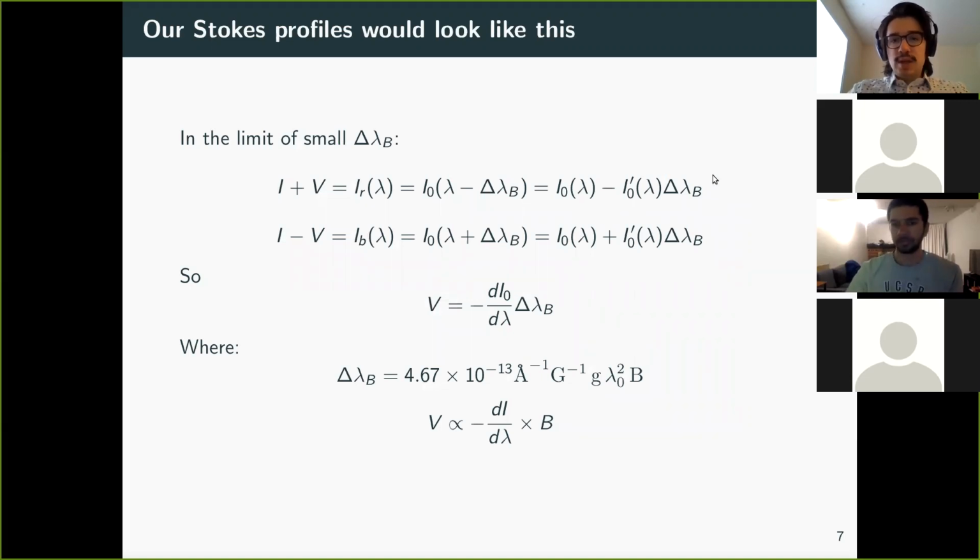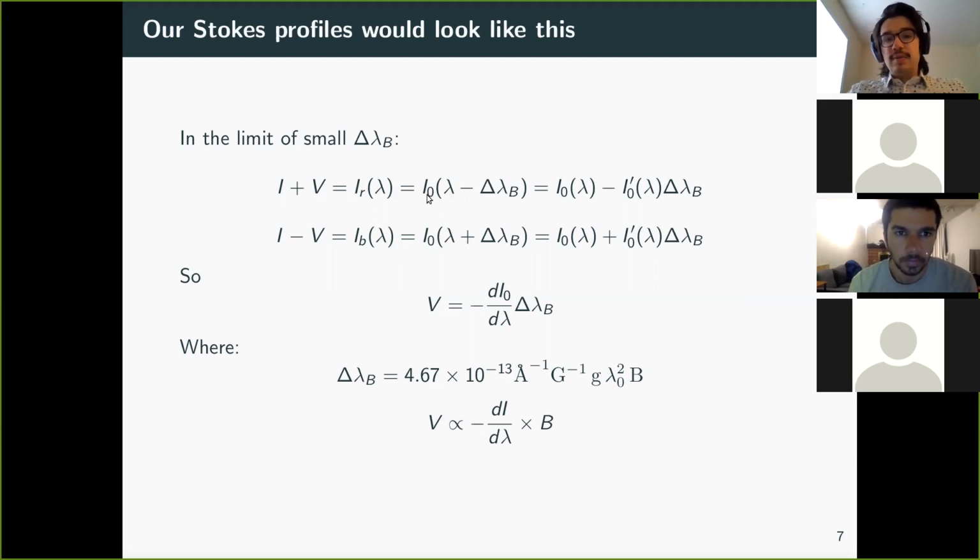This term here is the Taylor expansion of this expression here, right? So the assumption is the following. I have my shifted profile, which is actually my I red profile, identical to the original profile, just shifted. So I added this minus delta lambda B here.